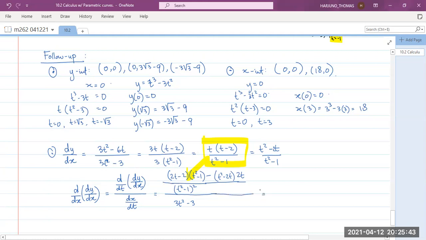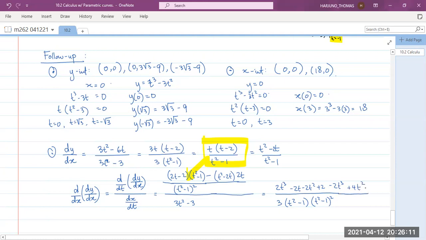Okay, so this is equal to, let me bring that down, 3 times (t squared minus 1) times (t squared minus 1) squared. On the top, I will get 2t cubed minus 2t minus 2t squared plus 2, minus 2t cubed plus 4t squared.